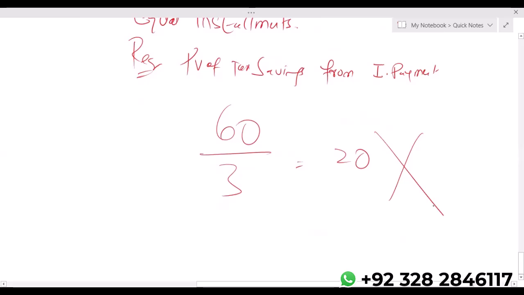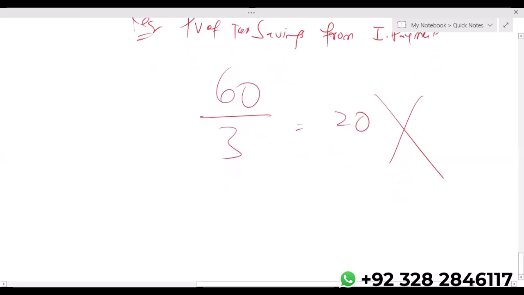If you're paying 20 every year, then within 3 years it will become 60. So it's incorrect. Logically, your total payment within 3 years will be more than 60 million. So what should be done? How will you calculate annual payment?